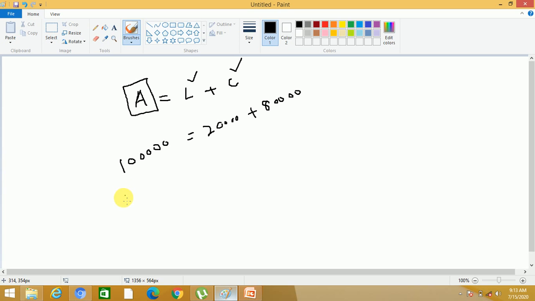So see, this is showing what our liabilities are: 20,000. It means this business is using 20% leverage, the use of debt financing.